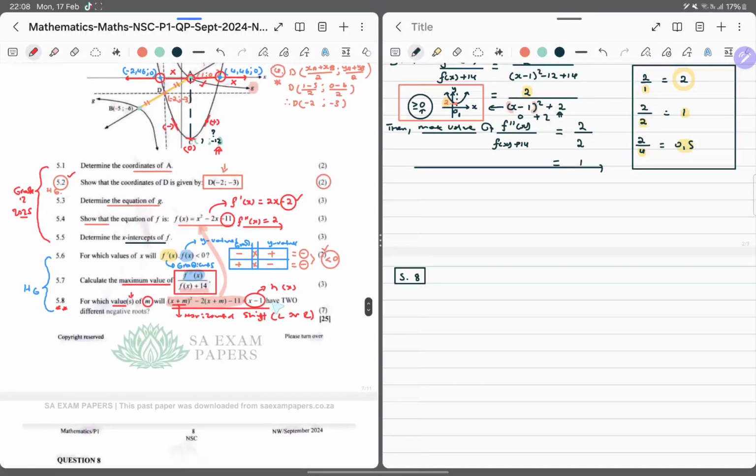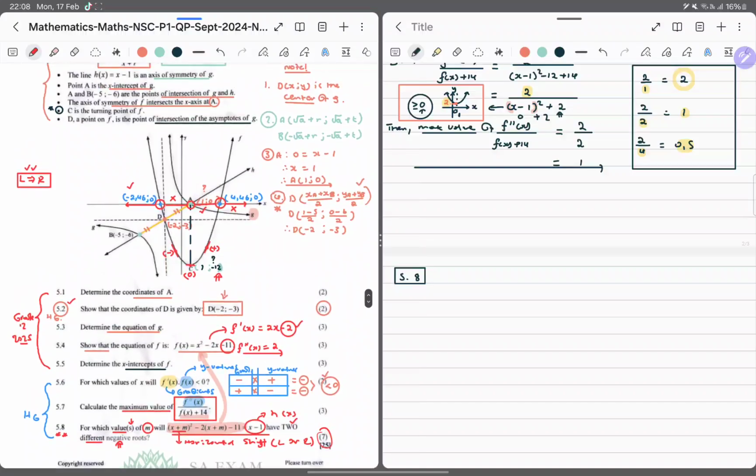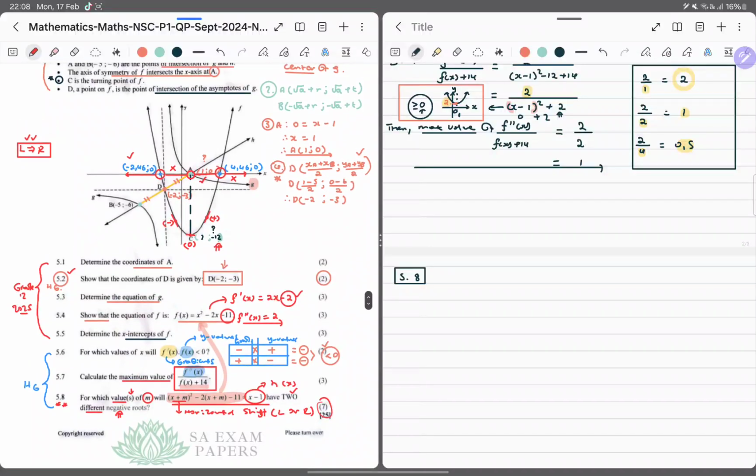So these two graphs are equal, and then we want these to have two different negative roots. So this question is packed, guys, and you can see the mark allocation is already suggesting that I am a dream killer, a motivation killer, because if you don't know what you are doing, this shows you rudely that you are a novice.